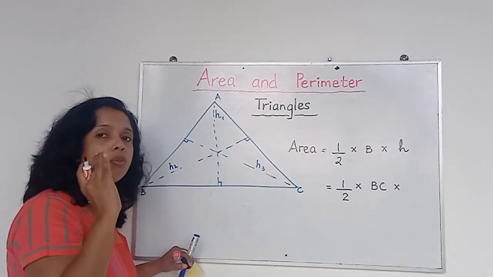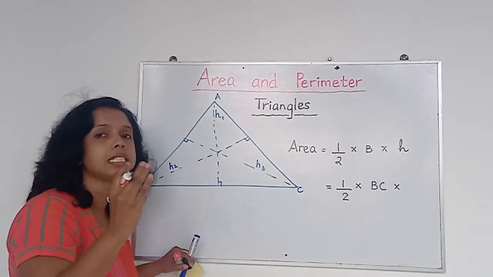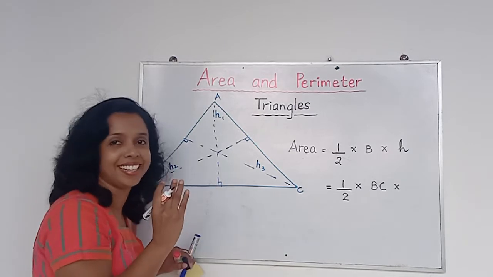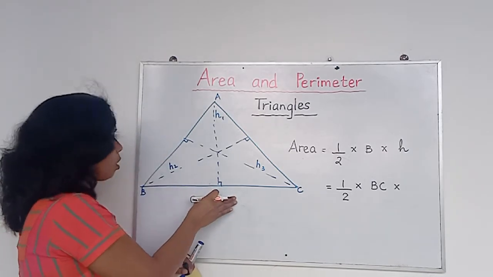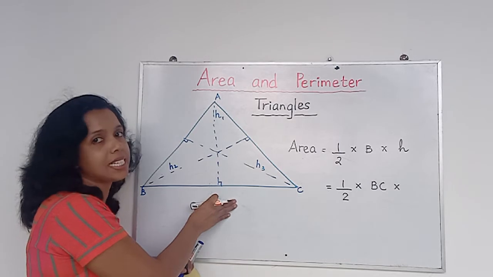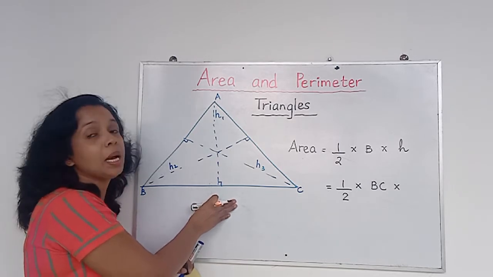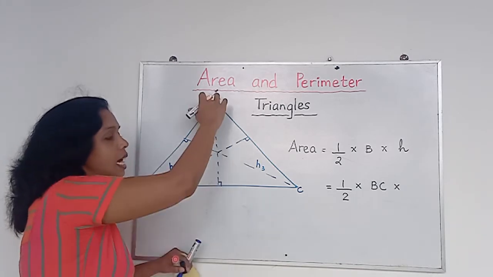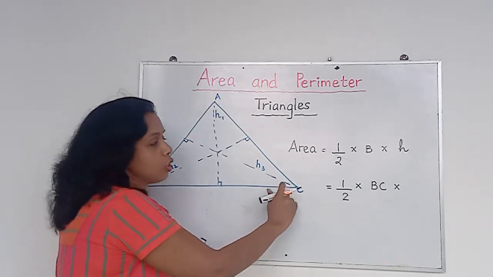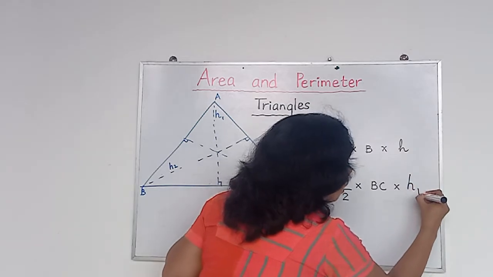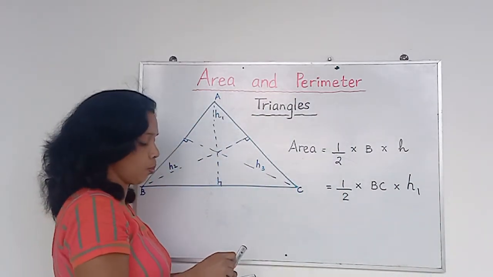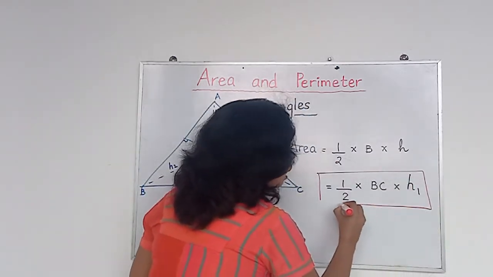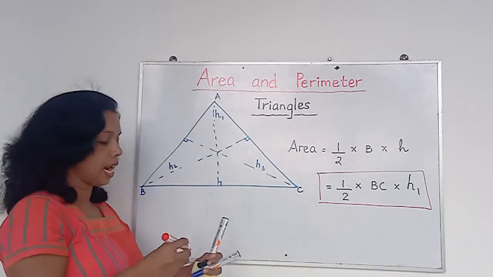The line which has been drawn against the selected side should be the correct perpendicular height. So when I select BC as the base, the correct perpendicular height should be H1, because it has been drawn against this line. It is one formula. One of you can select this option to find the area of triangle ABC.